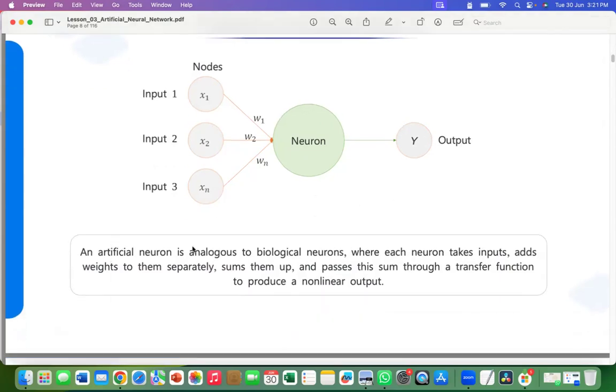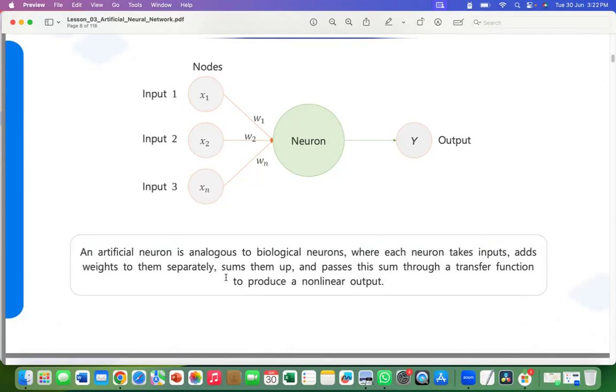So an artificial neuron is analogous to biological neurons, where each neuron takes inputs and adds weights to them separately, sums them up, and passes this sum through a transfer function to produce a non-linear output.